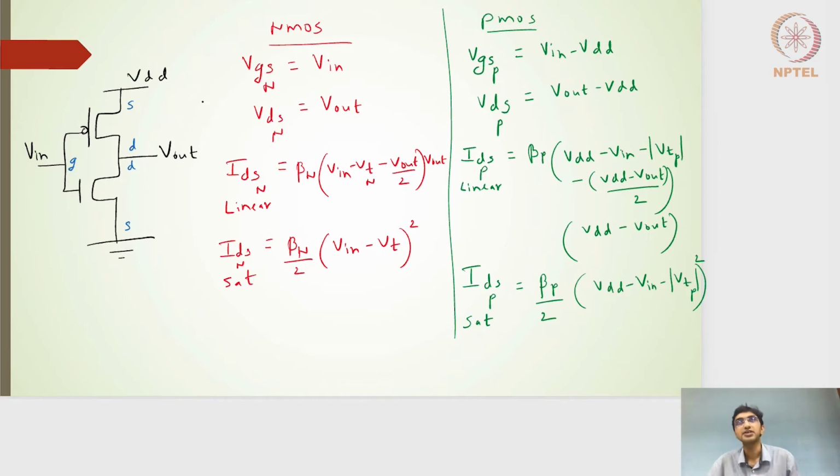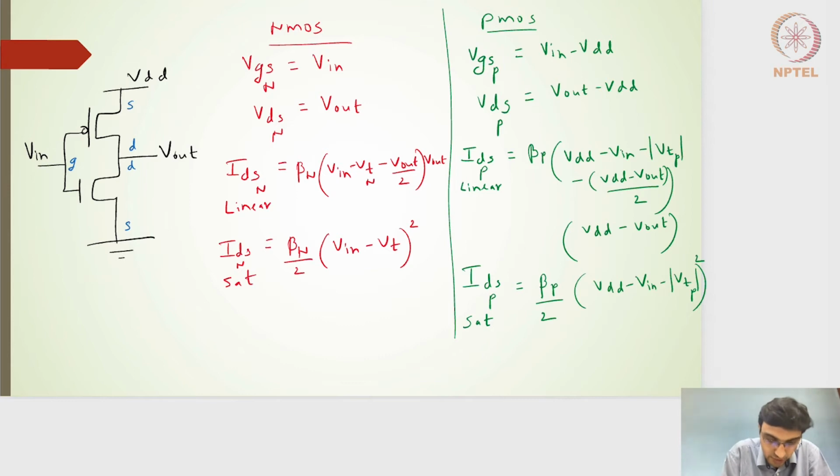So the inverter is, as you may be knowing, formed of the Nmos transistor and then the Pmos transistor. Now this is one such circuit where the Pmos is in series with that of the Nmos, and where the Pmos is connected to the VDD rail. VDD represents a higher voltage rail, and then the Nmos is connected to the ground rail.